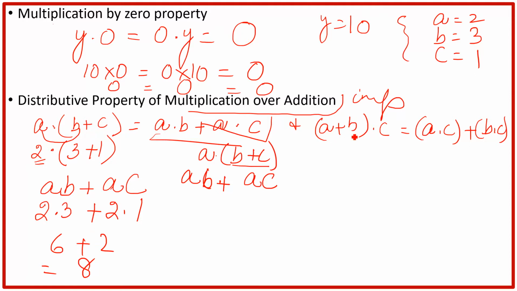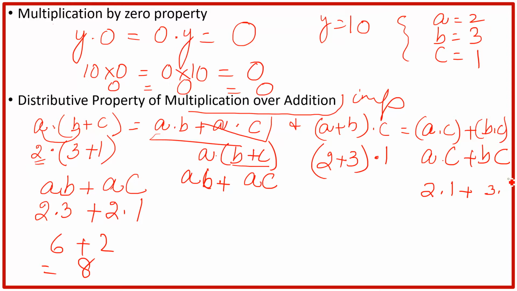Now for (a plus b) times c. Here in this parenthesis we had b plus c, and here we have a plus b. So a we have 2, b is equal to 3, and then multiplied by c, which is equal to 1. When we multiply this, it will be ac, plus bc. So a is 2, c is 1, b is 3, c is 1.